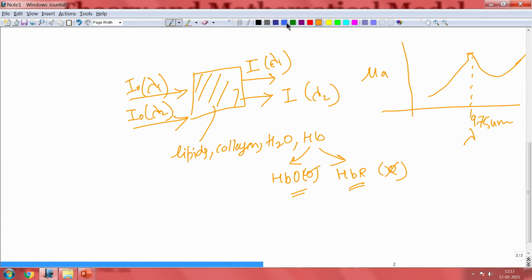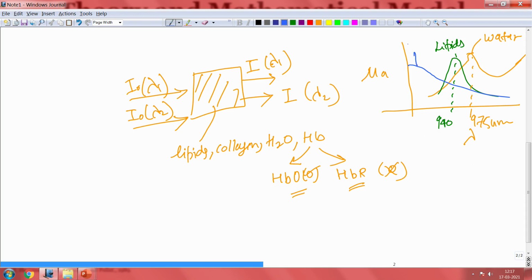In the case of lipids, there is a peak of absorption specifically at 940 nanometers. So, water is around 975, lipids around 940, and then for the other constituents such as collagen, you can see that collagen has very high absorption.